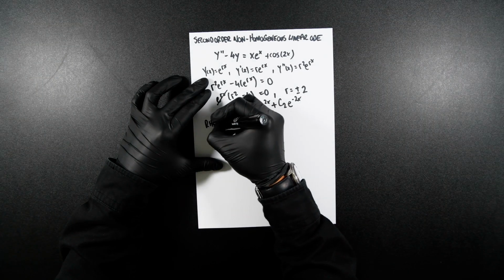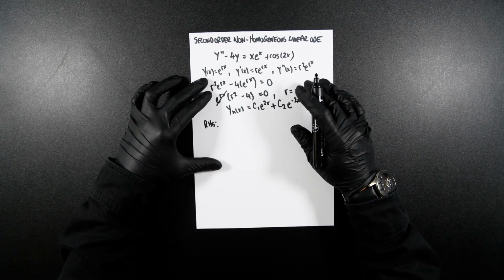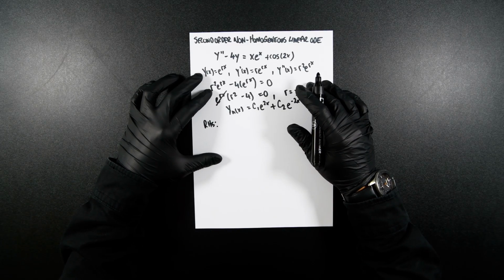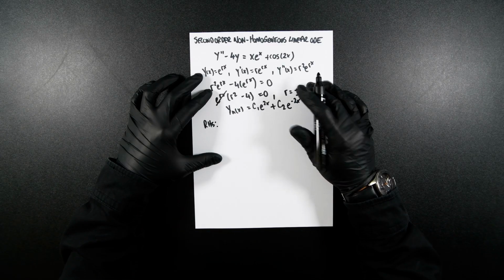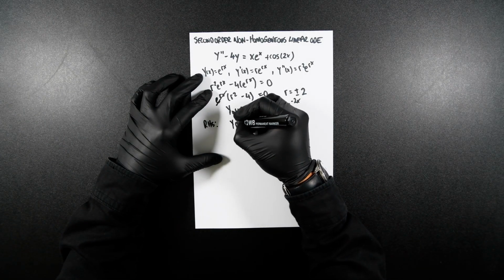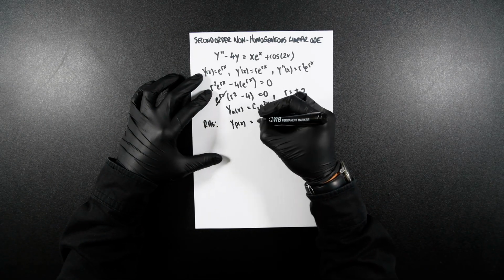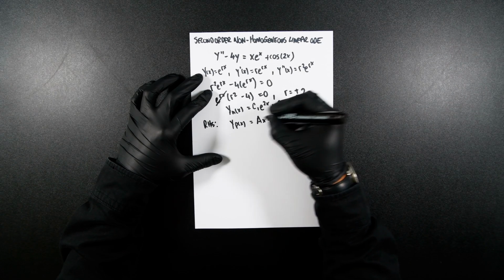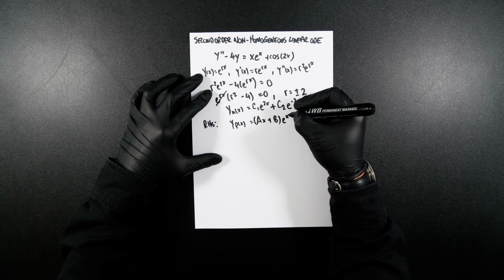So for the right hand side, we have x e to the x. The general formula for a non-homogeneous term with x e to the x is going to be y_p1(x) equals (ax plus b) e to the x.